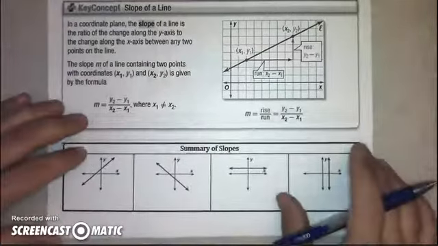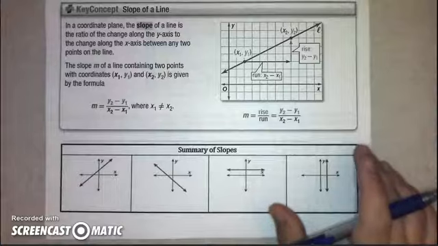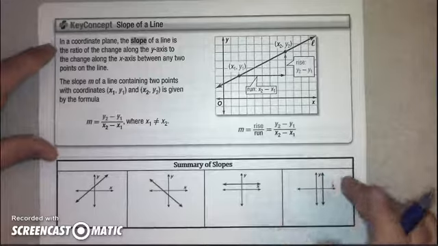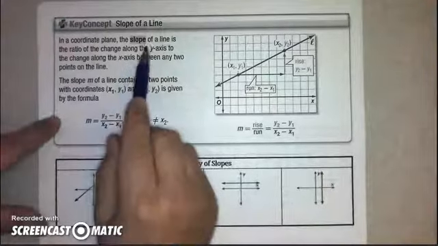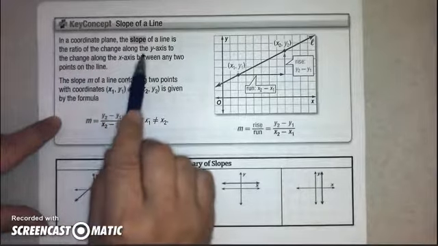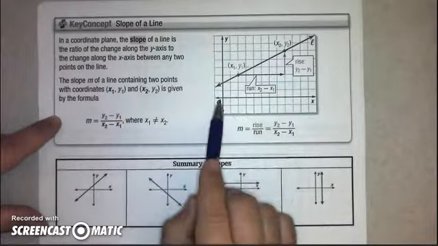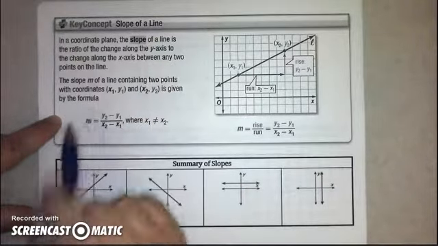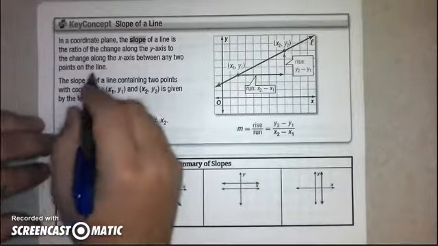One of your first big key concepts, printed on your note packet, is what slope is. In the coordinate plane, the slope of a line is the ratio of the change, or rate of change, along the y-axis compared to the change along the x-axis between any 2 points on the line. We represent slope with the letter m.